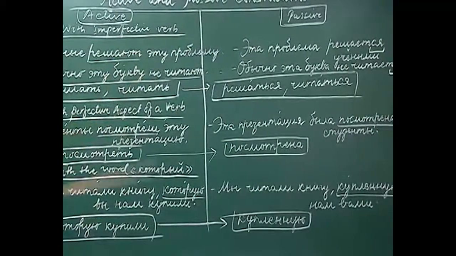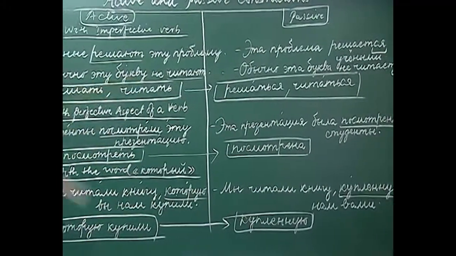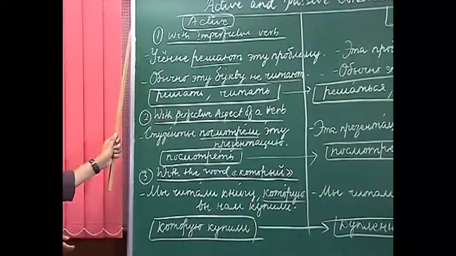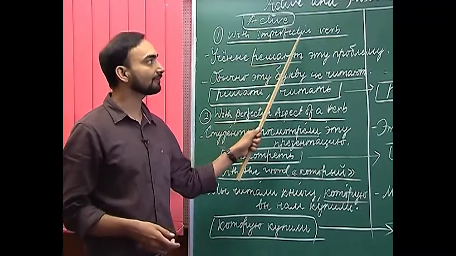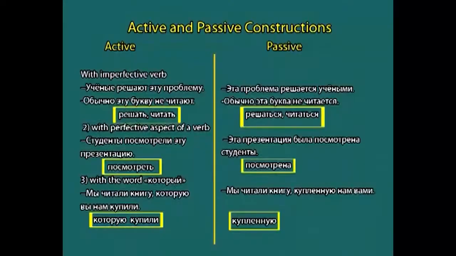And how do we do that? That we will be discussing in this part. So, the first active construction is with the imperfective aspect of the verb. So, if you come across an active construction with the imperfective aspect of the verb, how do you change the construction into passive?